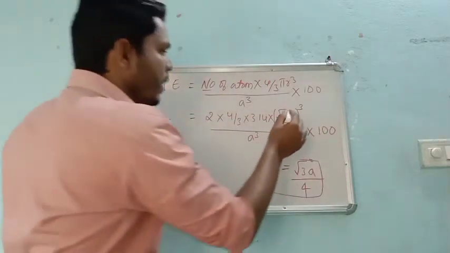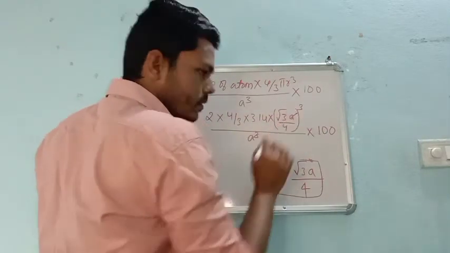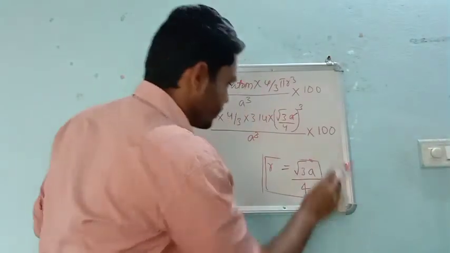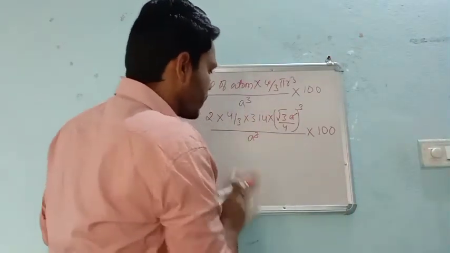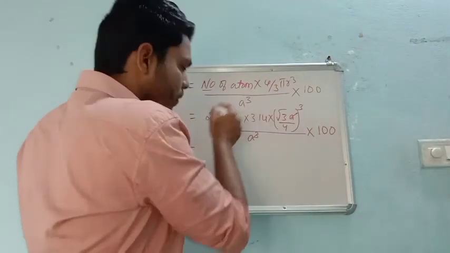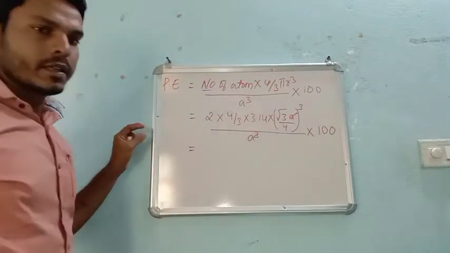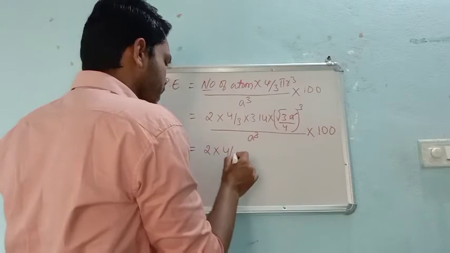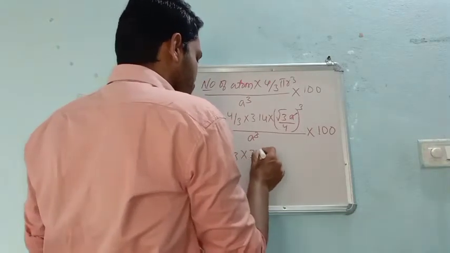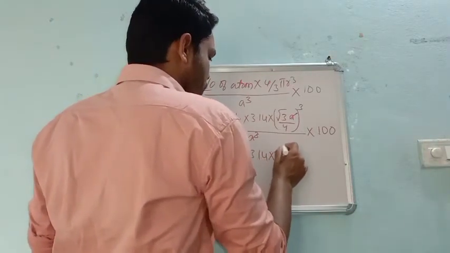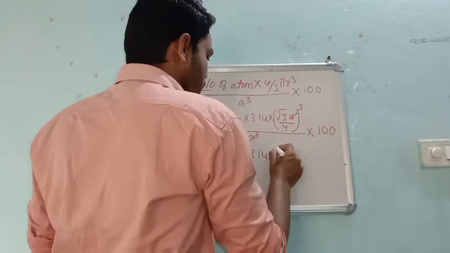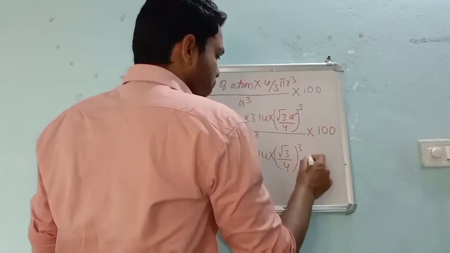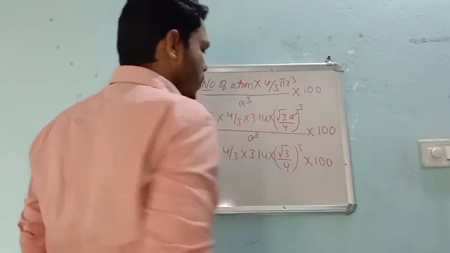So now a cube gets cancelled, right? And then if you simplify this, definitely you see here 2 into 4 by 3 into 3.14 into root 3 by 4 whole cube. For solving this, you do one thing.